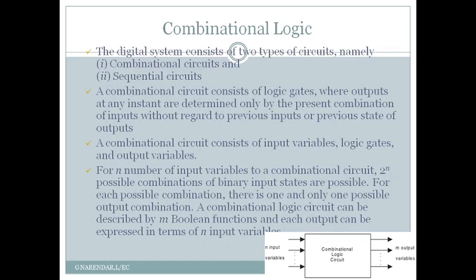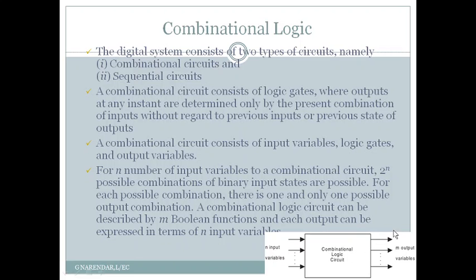So for each combination, there is only one possible output combination. Since the output depends only on the inputs at that instant, for each possible combination there exists only one unique output combination for all those m output variables. So I can say that a combinational logic circuit is described by Boolean functions for all these m variables.